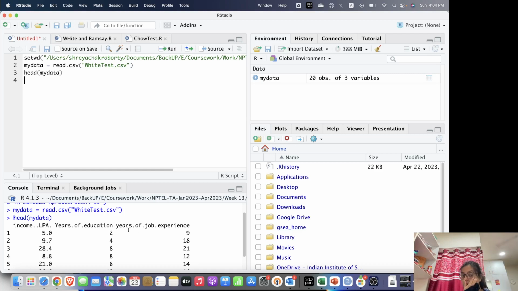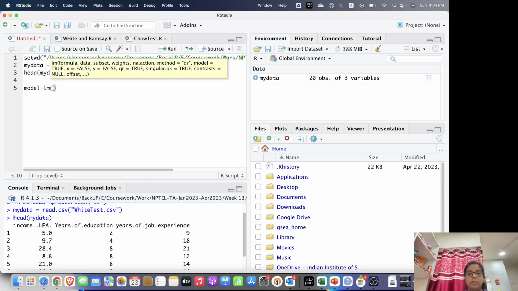Okay, so now in order to do Ramsey's reset test or anything, we have to carry out a regression analysis. So for regression, let's say I write model equal to lm. Y is my income.lpa. Please keep in mind we have to use the exact column name.